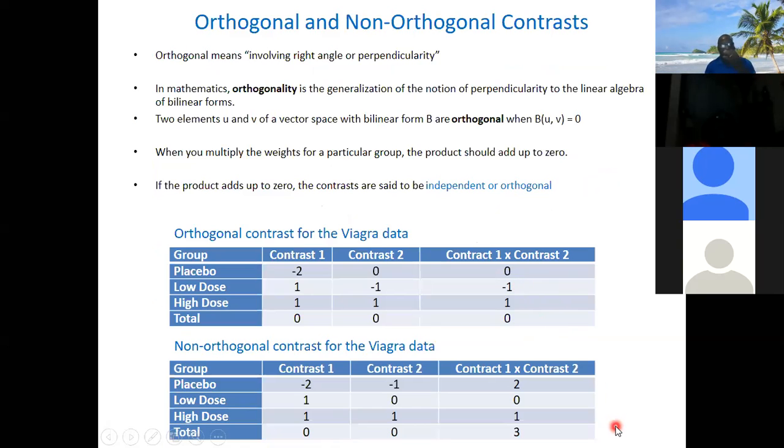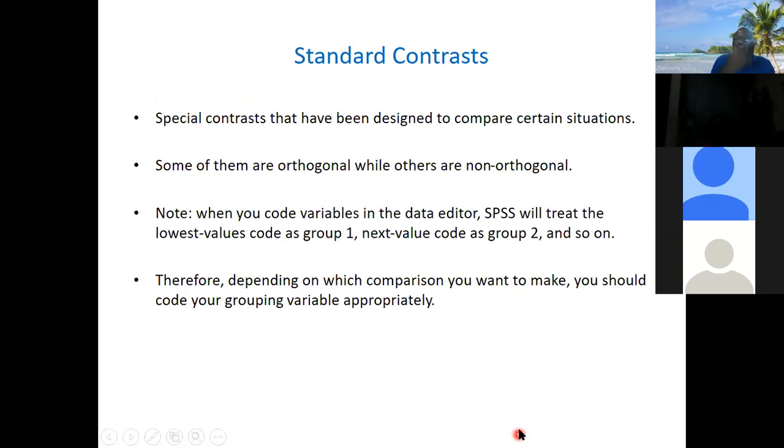But for non-orthogonal contrast, it's not like that. The contrast we use for our Viagra data is orthogonal. For non-orthogonal, if you do it, you cannot add up to 0.